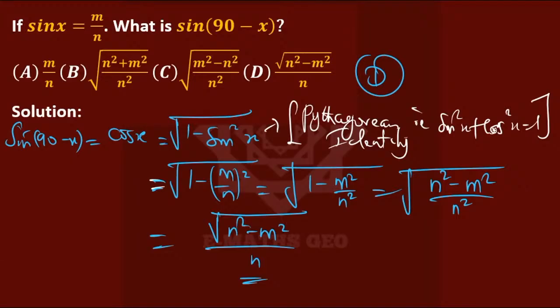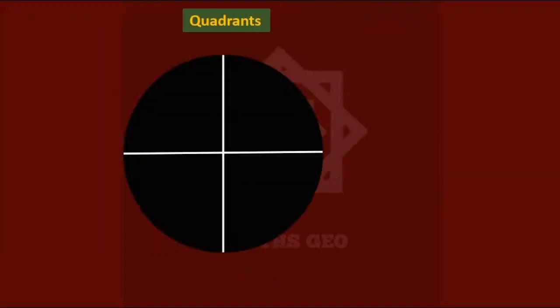So let's now move to quadrants. Because our main aim is, we are given angles higher than 90. So we have a quadrant now. We have 4 quadrants in total. The one here is the first quadrant.